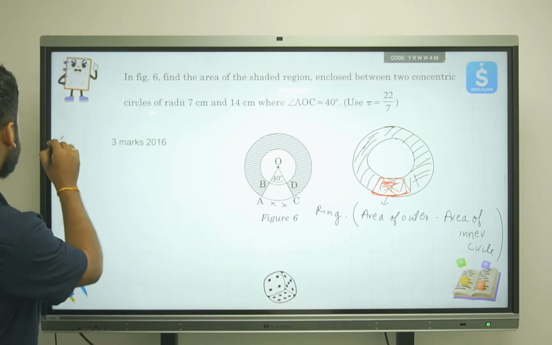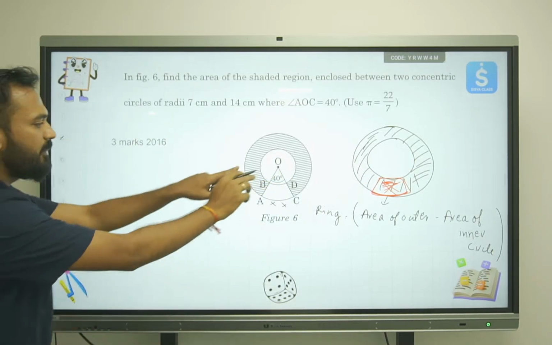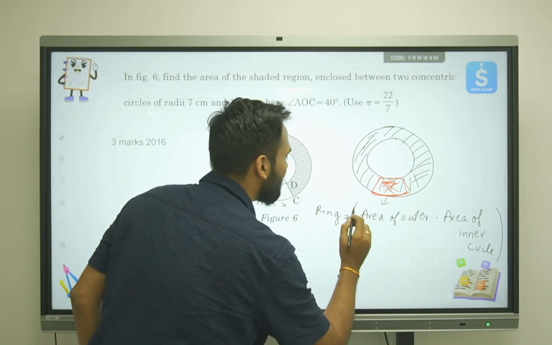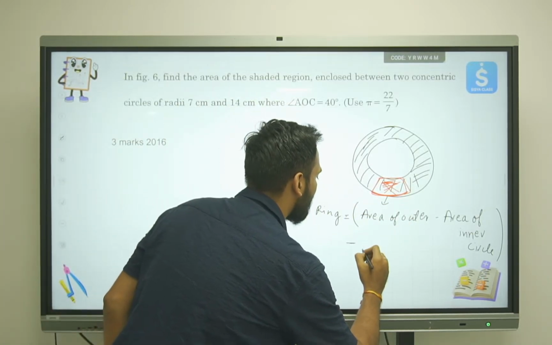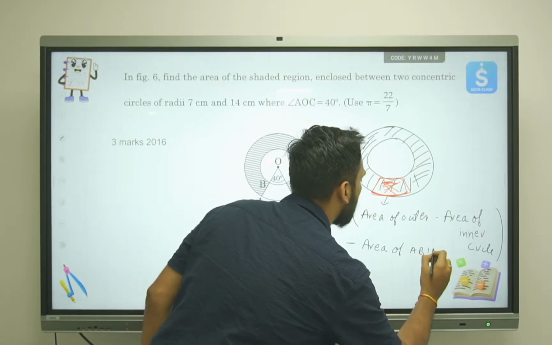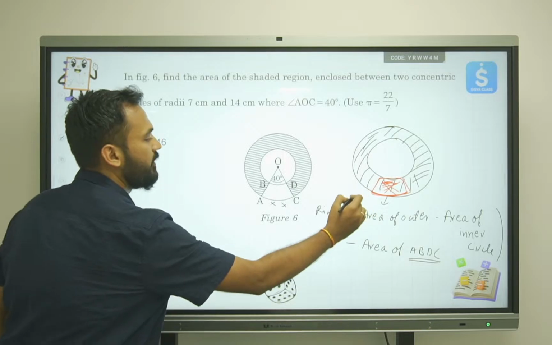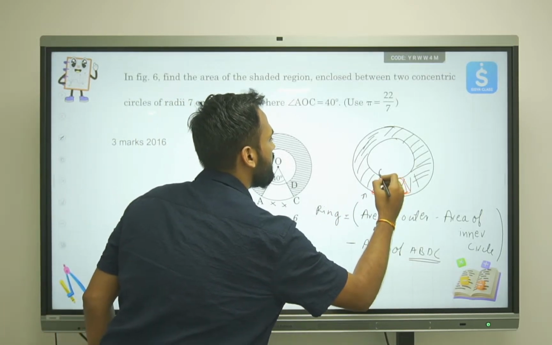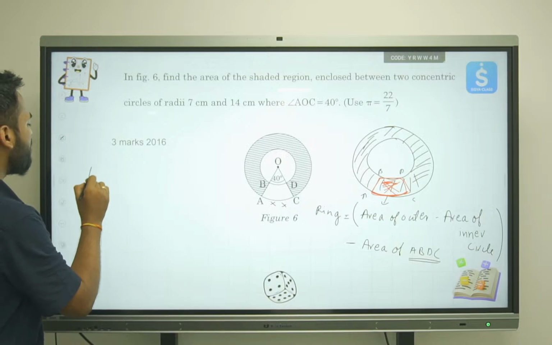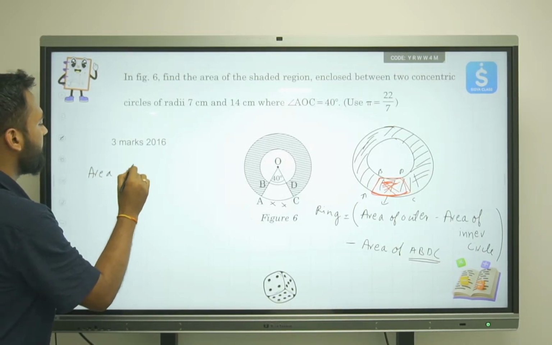Can anyone type in the chat box how to find out ABDC area? From the ring's area, I will subtract the area of the ABDC part, which is in red. So let's find out area of ABDC. How will area of ABDC come out?